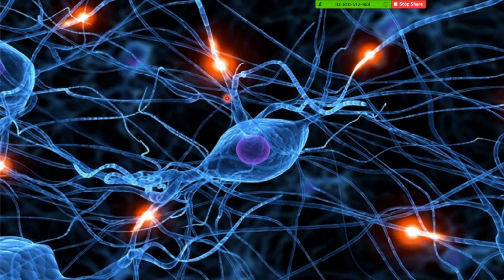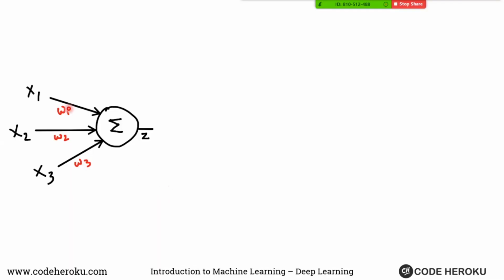Some connections are strong, some connections are weak. And that's why they said, okay, there are some inputs and there are some weights associated to each of these connections. And the output at this point, Z, will be nothing but the addition of all these weighted inputs that I get. So based on the signals that I get from my neighboring neurons, I'll add all the signals up.